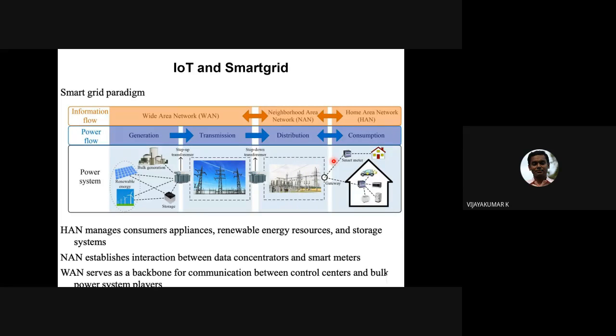Primary distribution is connected to the industries, and the secondary distribution to the homes. Here, if you look at a home, earlier we had only loads, but now, because of electric vehicles, and even the UPS in your system where you use a battery, we have an energy storage system.